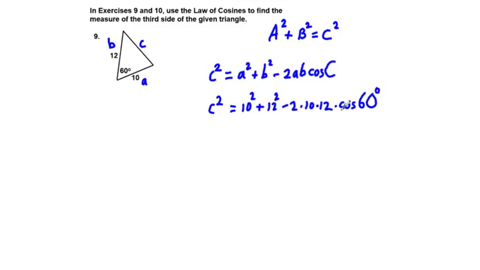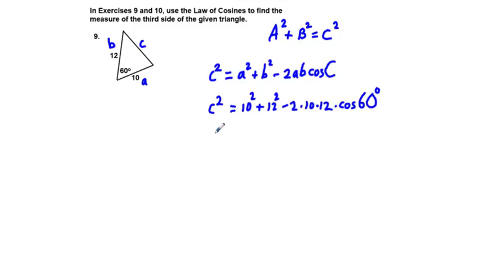Now, what we really have is this last thing here, minus 2ab cosine C, is what adjusts for angles other than 90 degrees, because except for this minus 2 times ab cosine C, this is just the Pythagorean theorem. So this last thing just adjusts for angles other than 90 degrees.